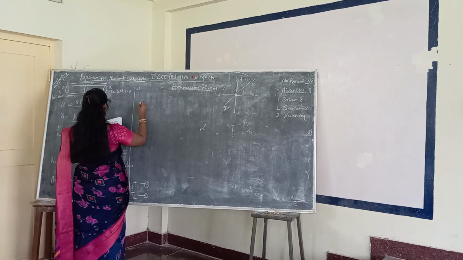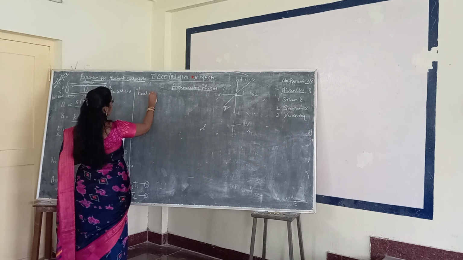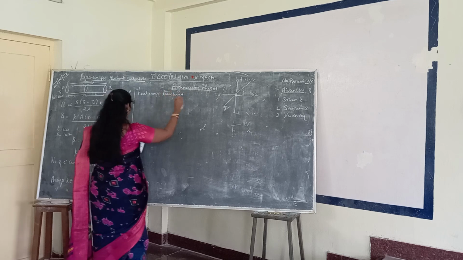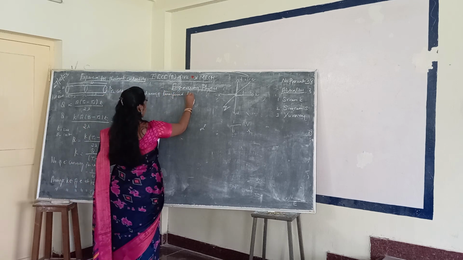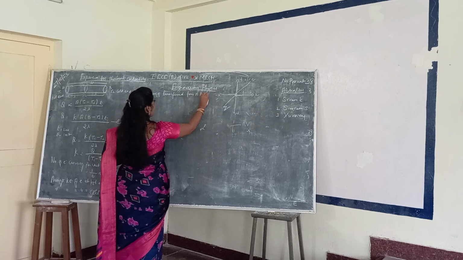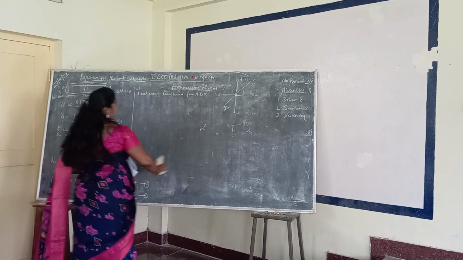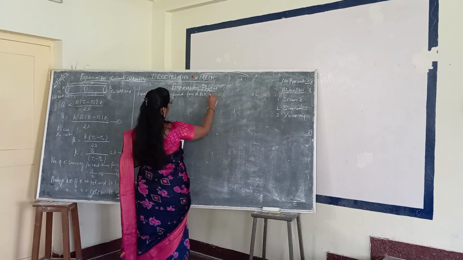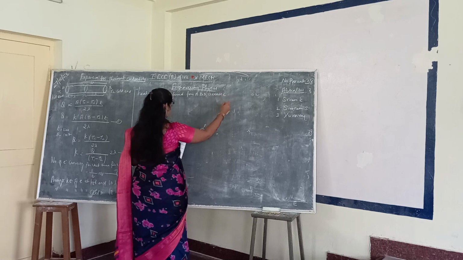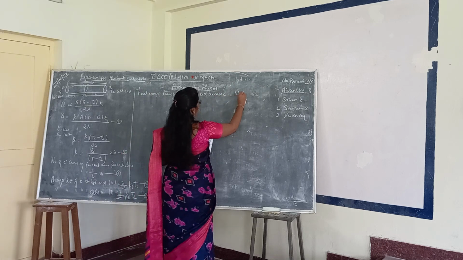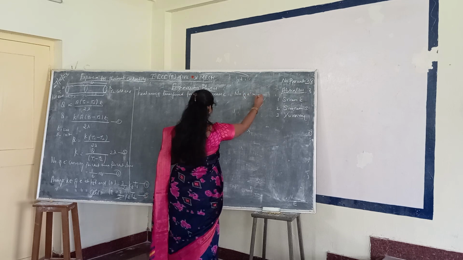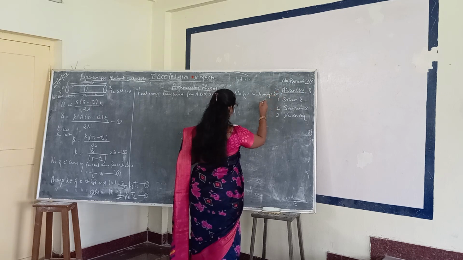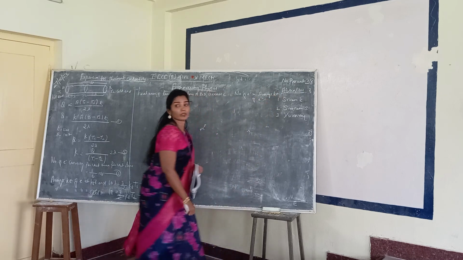So you write here: heat energy transferred from A to B across C is equal to the number of electrons into the average kinetic energy of electrons in a formula.